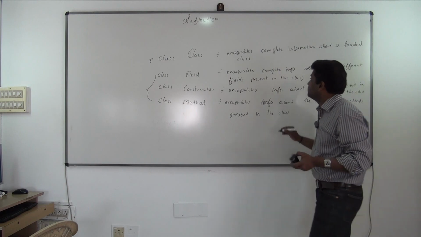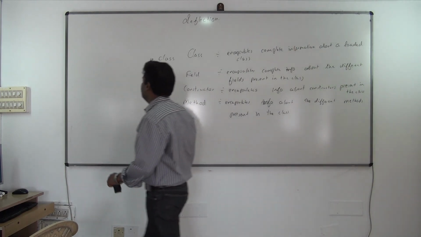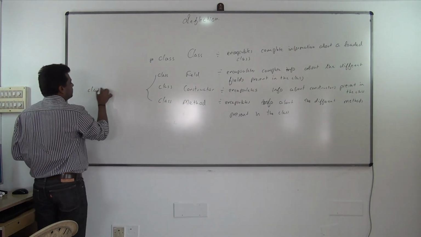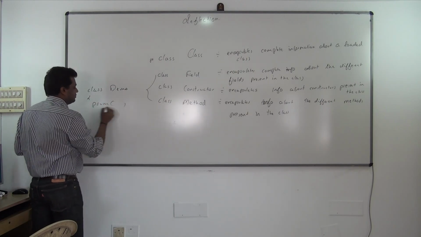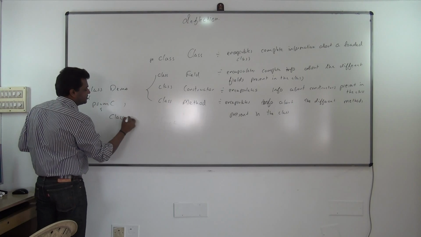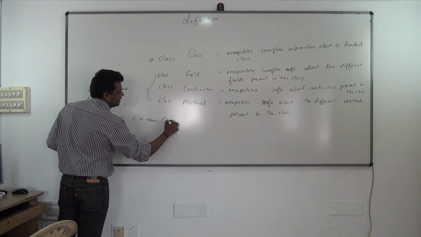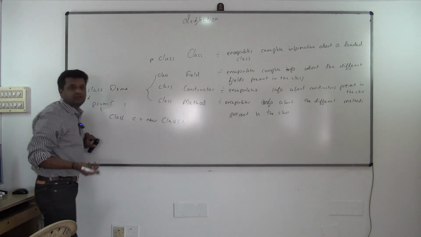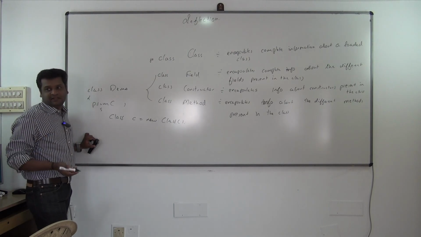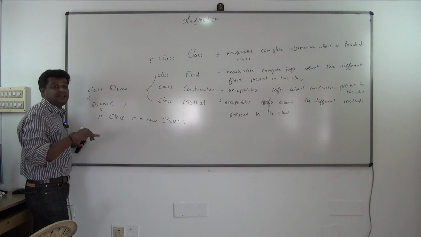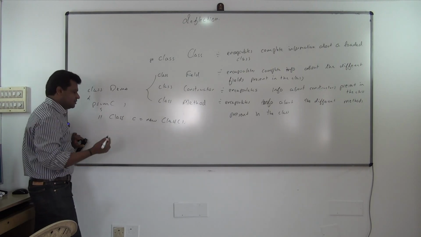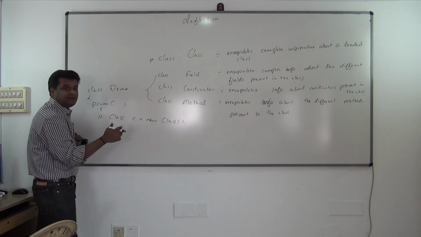What I am trying to say is, if this is your code, class Demo, PSVM, I cannot say Class c = new Class. This is an error, because which class would this Class contain information about? So we cannot create an object of Class explicitly like this. Generally, we always get a reference to it.